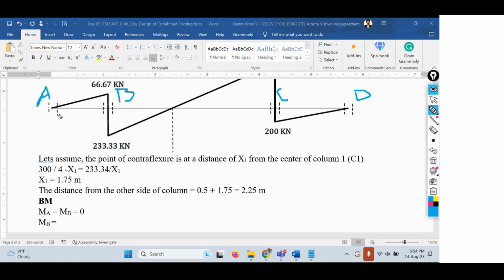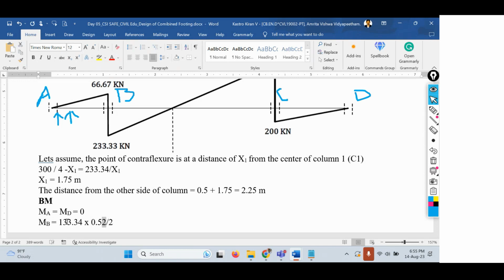So MB. Here we have the upward soil pressure. What is the upward soil pressure value? 133.34. We have converted it into a point load. So 133.34 into the perpendicular distance, that is 0.5 square divided by 2. What is 0.5?